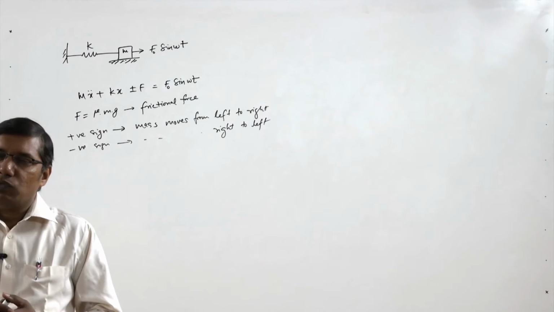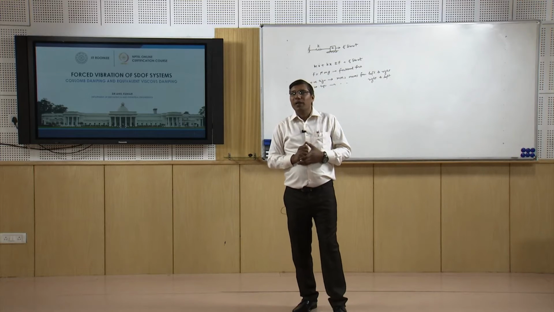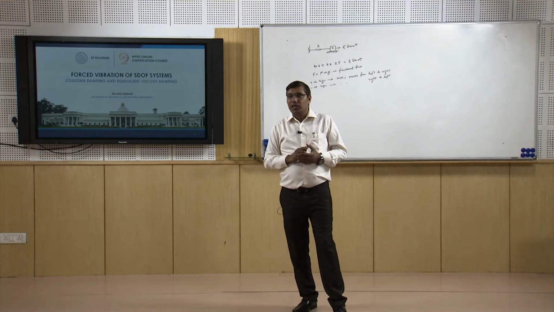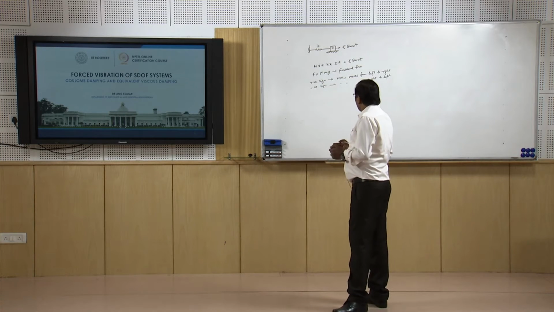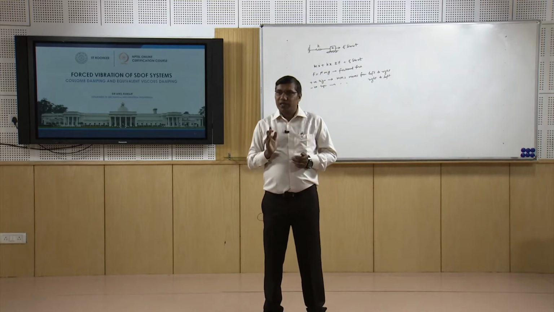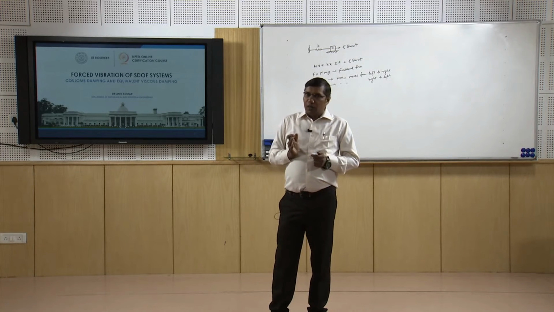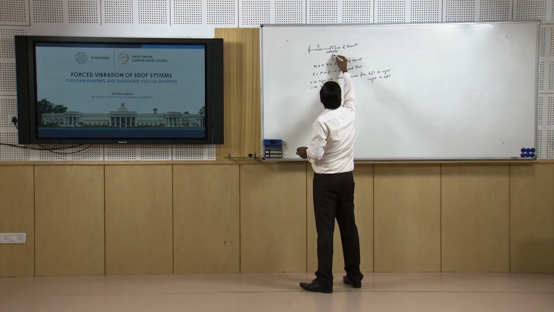So first we have to know how much energy in case of Coulomb damping is dissipated in every cycle. We know that this mass m is moving against some frictional force F. First it moves to the maximum displacement, let us say x, then comes back to its equilibrium position, moving x.